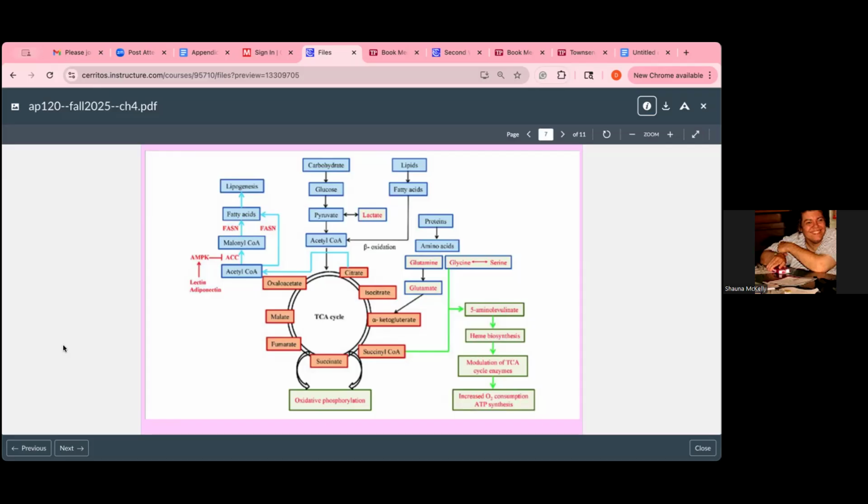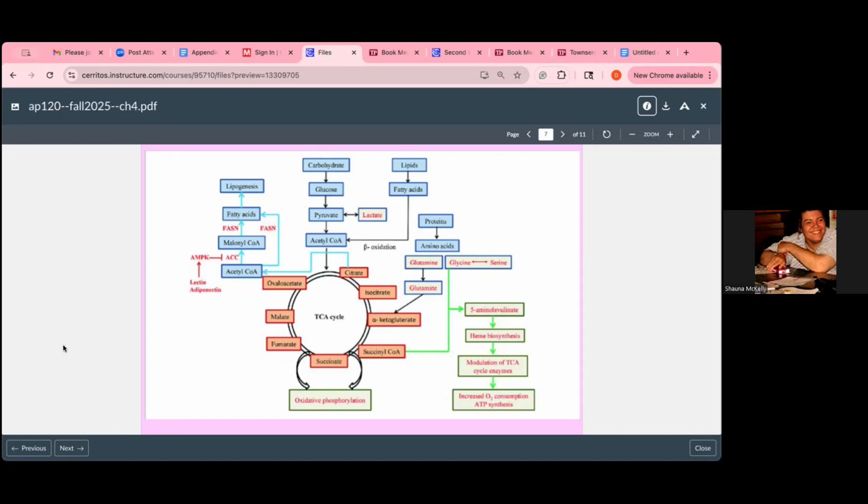If you do lipids or some other form of reaction, you'll get a different type of, so ours went from glucose to pyruvate to acetyl-CoA, right? And here, this goes from fatty acids to malonyl CoA to acetyl-CoA.